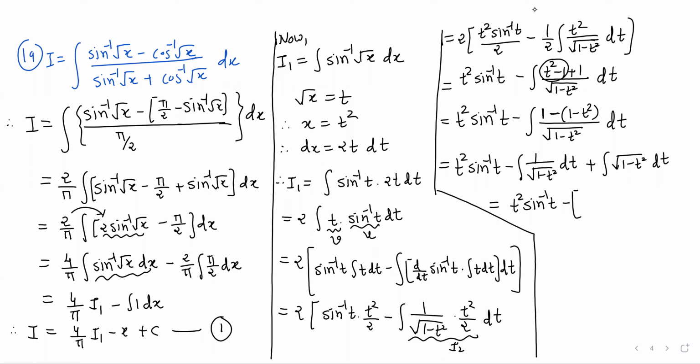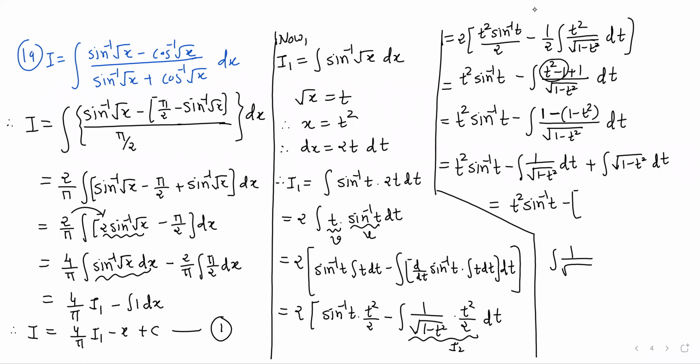For this one, sin inverse t. What about this one? Root of x square minus a square. What is 1 upon x square minus a square? Both formulas have sin inverse, but slightly different.